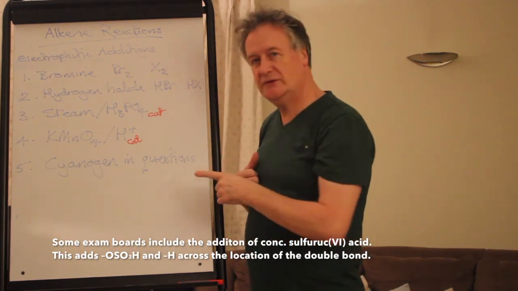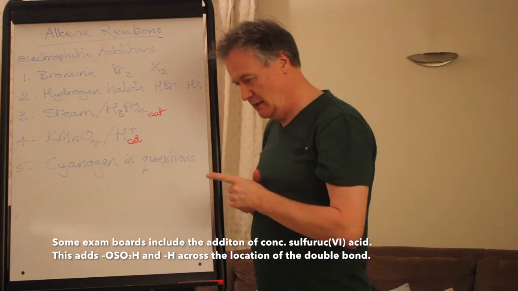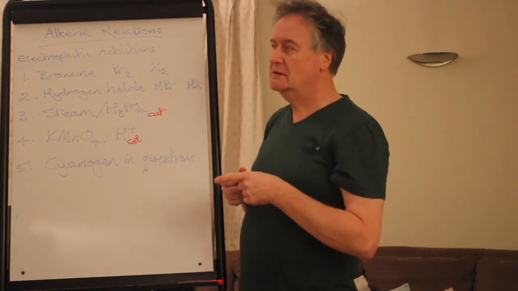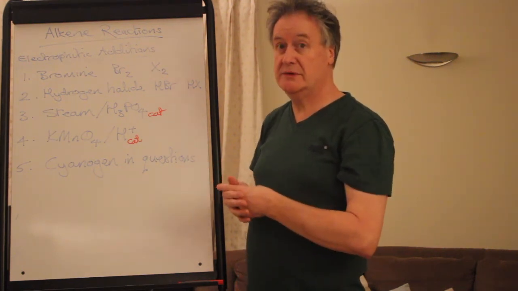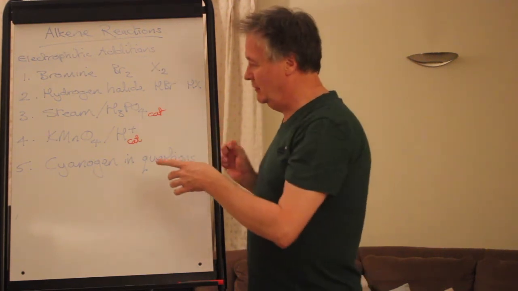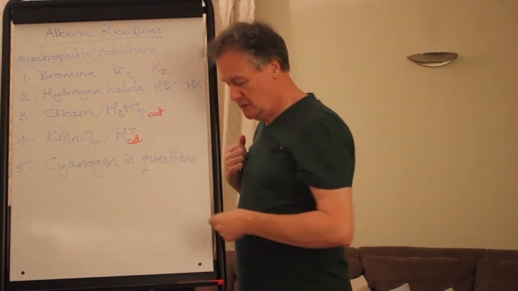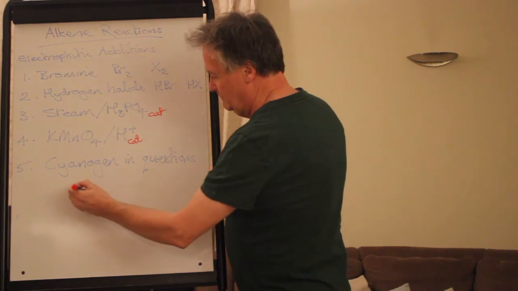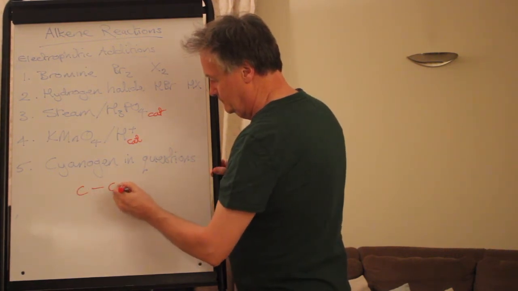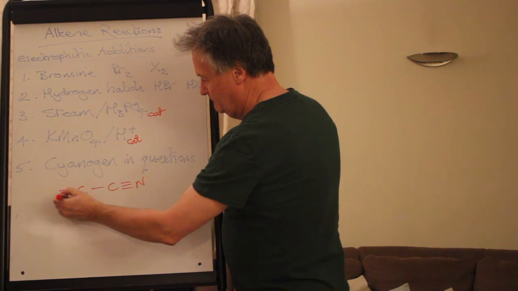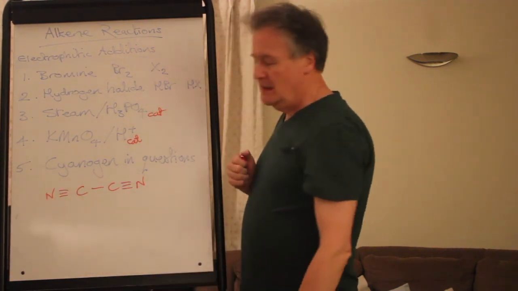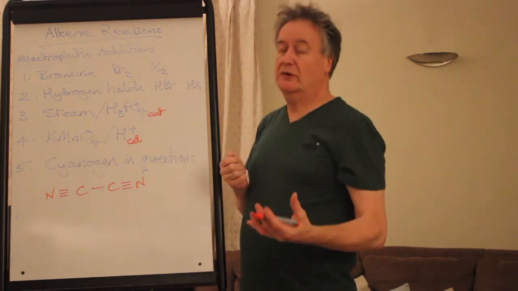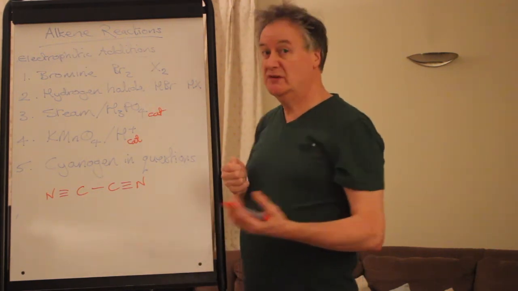Now this is number 5. This is there only because a couple of times in my time as a chemistry teacher, it's been a while, I realise I've been doing it a while, there have been questions about a chemical called cyanogen. Now cyanogen has this structure. It's a particularly unpleasant chemical in terms of coming into contact with it, but you're not going to come into contact with it because you're not going to do that.